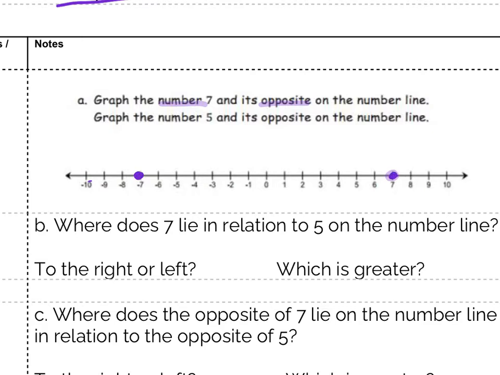And then graph 5 and its opposite, -5. Remember when you're plotting points, you are using that filled in circle right on the line. That's how you plot points.